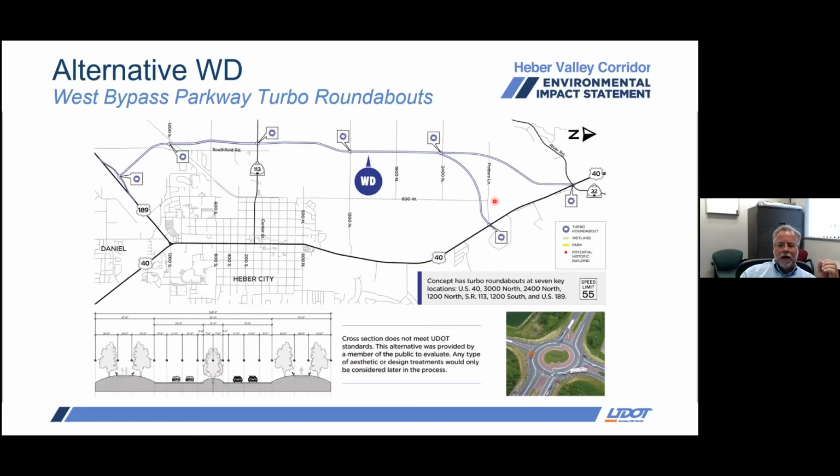With a turbo roundabout, these are typically multi-lane roundabouts where the drivers would need to select the proper lane that they enter into, depending on where they want to exit. So the driver therefore wouldn't need to change lanes once they've entered the roundabout. So they're a little more efficient that way and help reduce some of the conflict points.